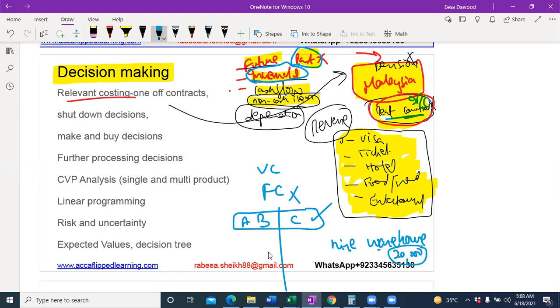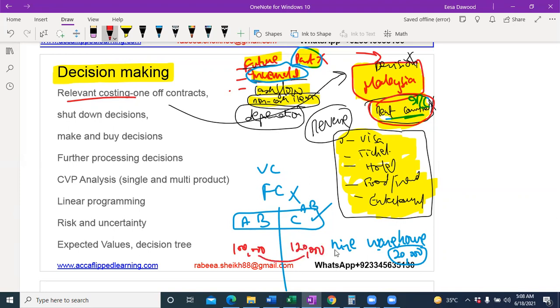So if I talk about when I produce A and B, and now when I produce A, B, and C together, if I see the incremental cost, for example, earlier it was 1 lakh, and now the total cost would be 1 lakh 20,000.